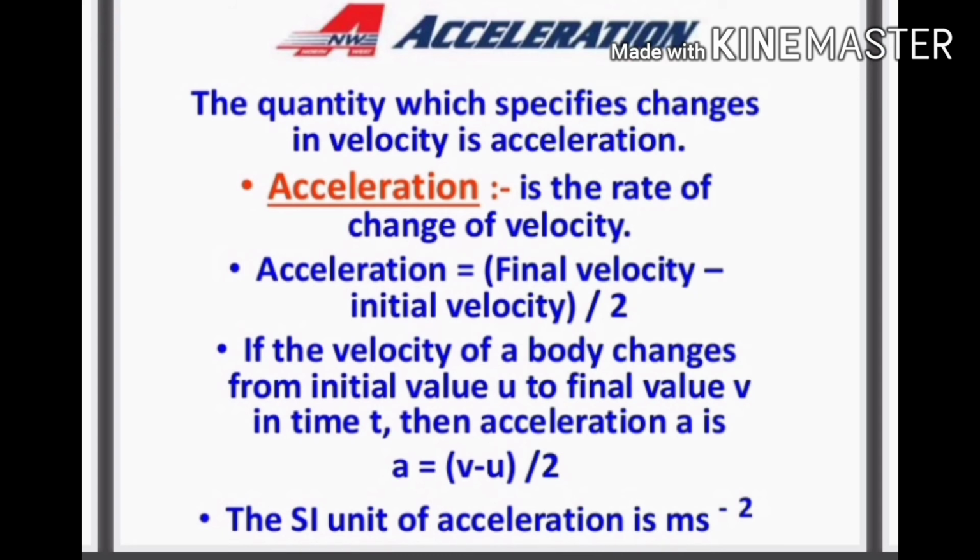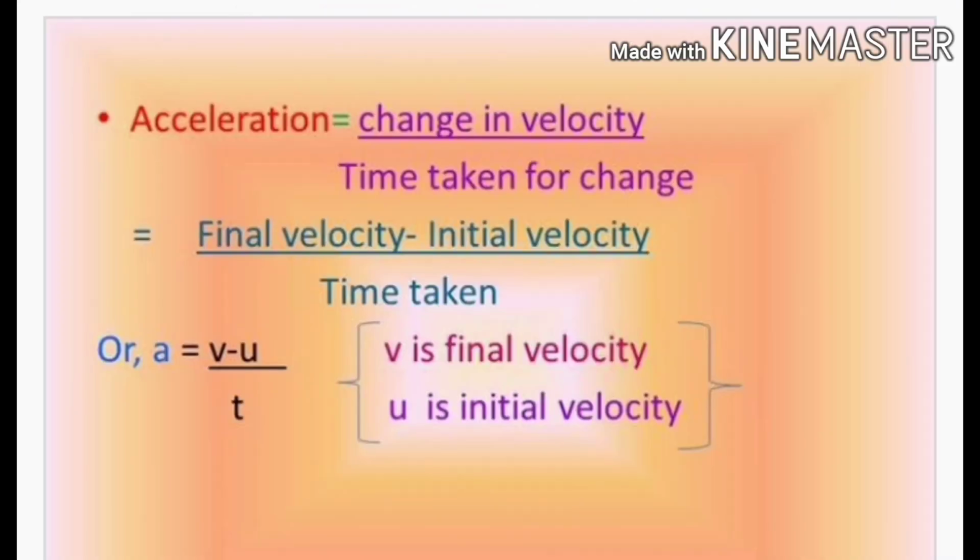If the velocity of the body changes from initial value u to final value v in time t, acceleration is given by v minus u by t. SI unit of acceleration is meter per second squared, m s^-2.